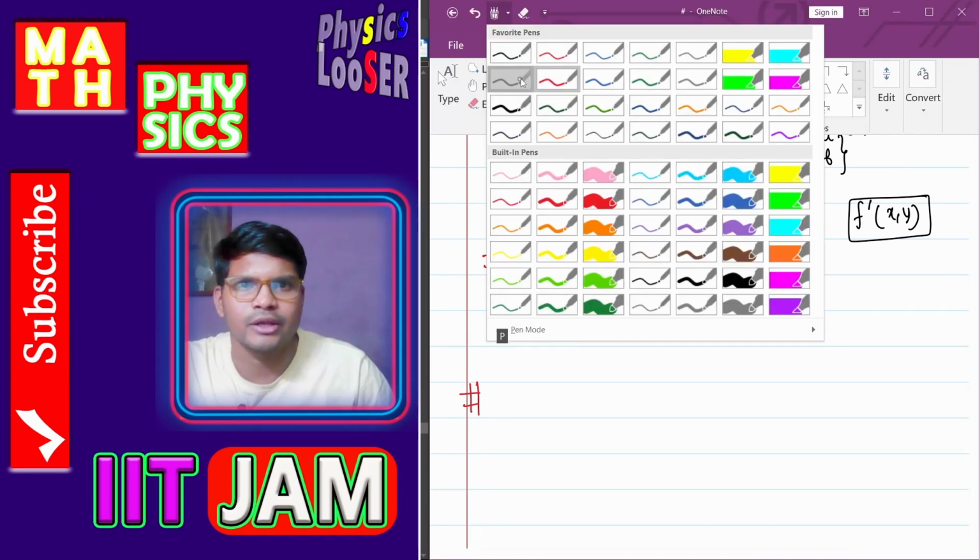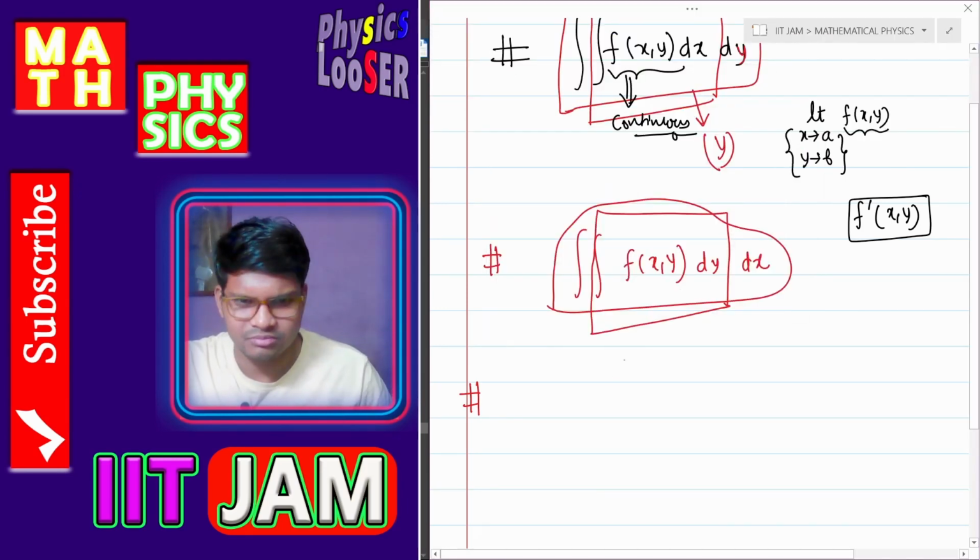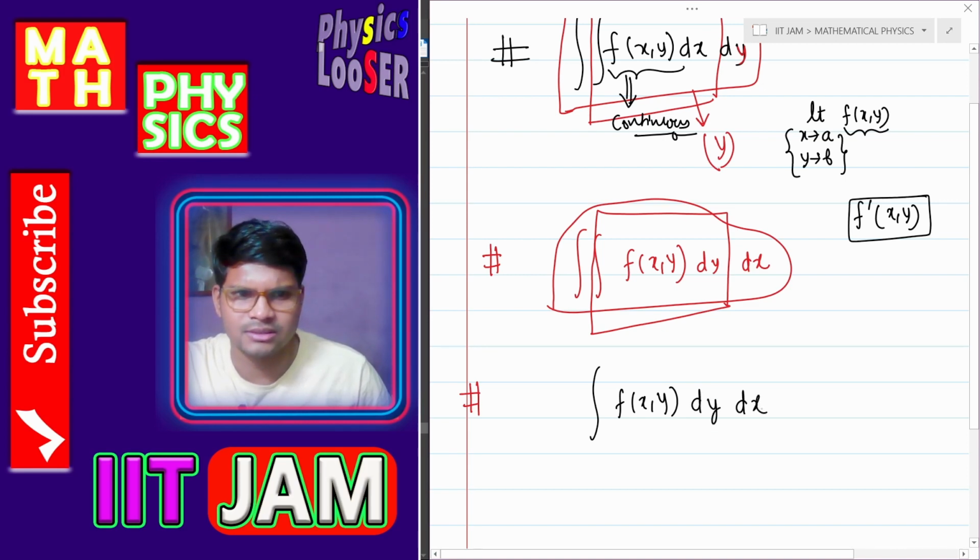The limits in the usual way can be defined like this: f of x comma y, and suppose I have dy and dx. First, we take the integral of f of x comma y dy. In this sense, x is constant and y is a variable. Therefore, the limits will be y equal to, let us say, g1 of x and y equal to g2 of x.